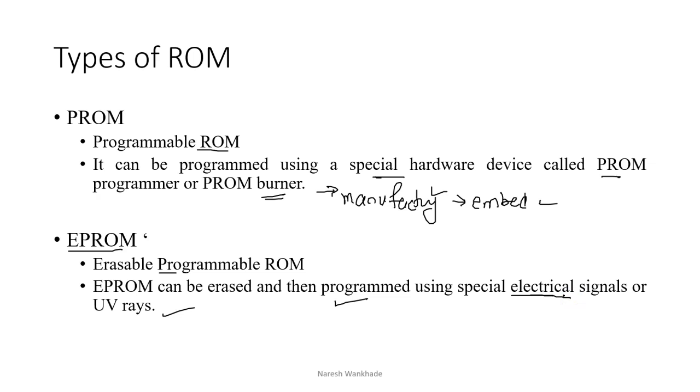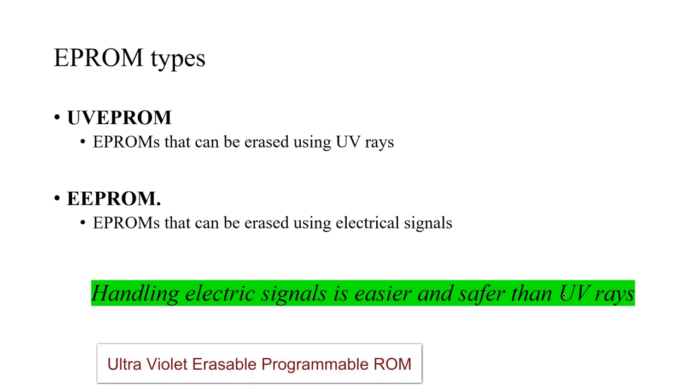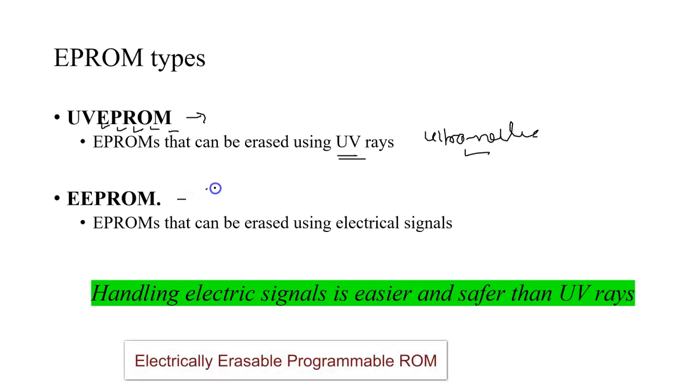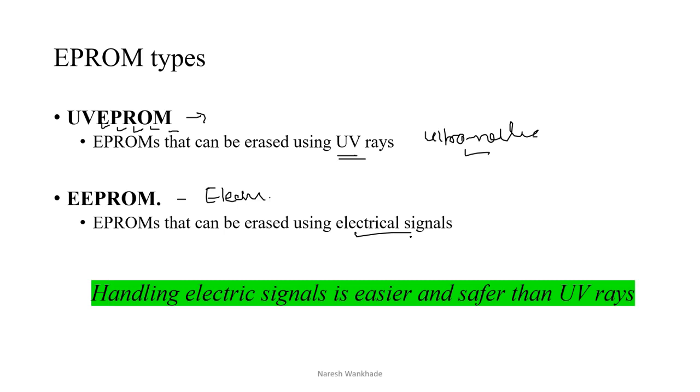This EPROM is categorized into two types. The first one is UV-EPROM, ultraviolet erasable programmable read-only memory, where the data can be erased with the help of ultraviolet rays. And the EEPROM, electrically erasable programmable read-only memory, can be erased using electrical signals.